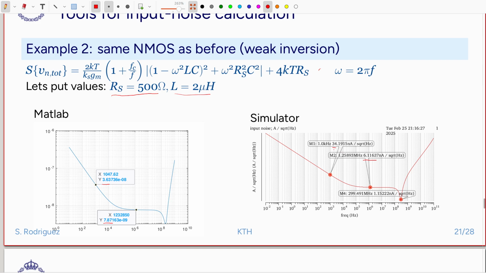And then something very interesting, we have this part here. It is 1 minus omega squared LC.